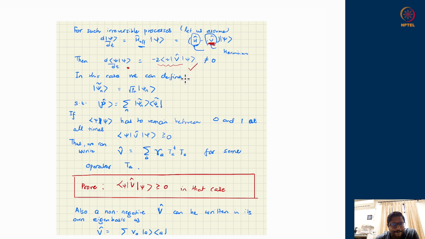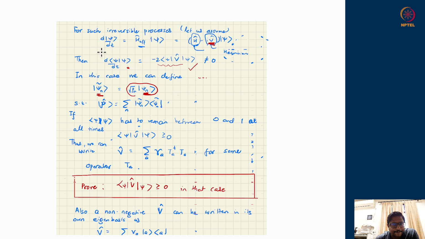In such a case, I will first define the new ψ_n tilde, which is the previous ψ_n times the square root of p_n, where the p_n were the probabilities with which the density matrix adopts them. If you remember, those were the p_n's or the ρ_n's.